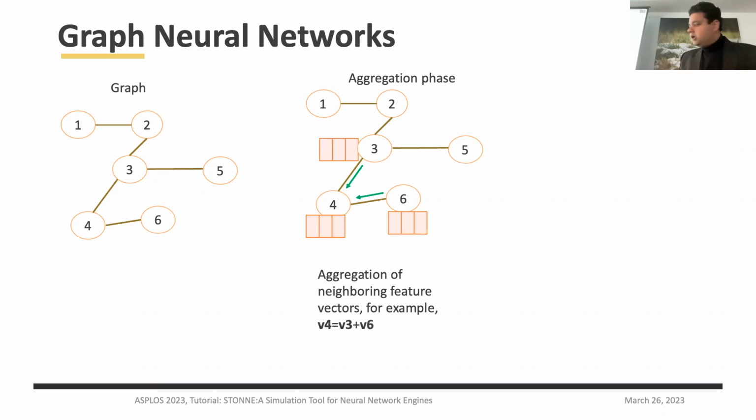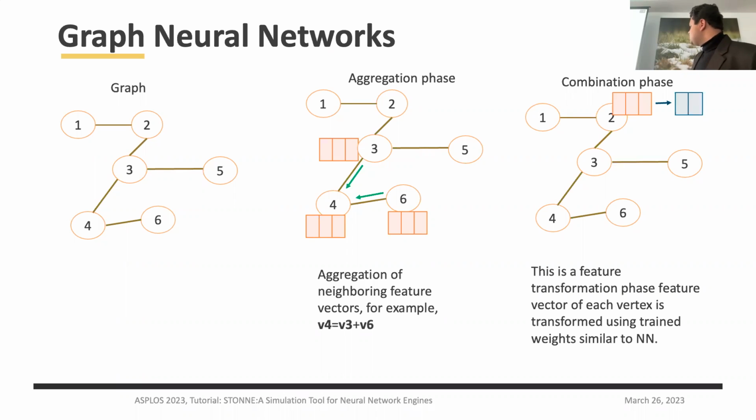So for example, vertex 4 here basically adds the feature maps from vertex 3 and vertex 6. And then the combination phase is a feature transformation phase, which basically uses trained weights similar to deep neural networks. So it transforms this feature map to another feature map.